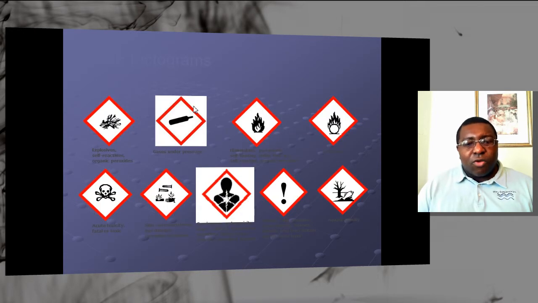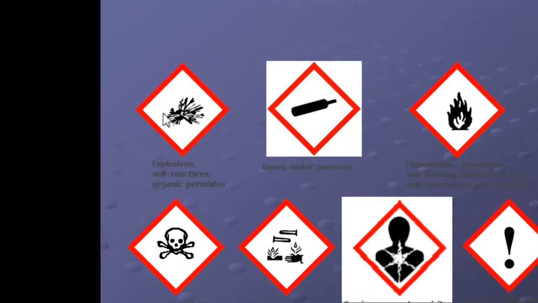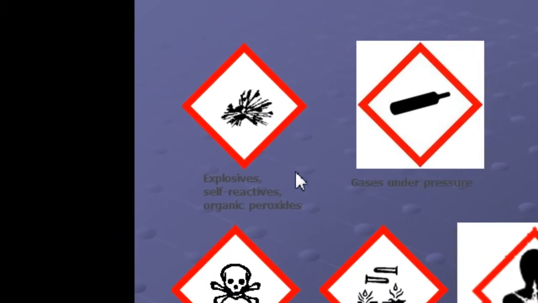And here are your new pictograms. Starting in the top left, I'll use my mouse here. That one is explosive. That's showing you some movement. It covers explosives, self-reactives, and organic peroxides. This one here is a gas under pressure.